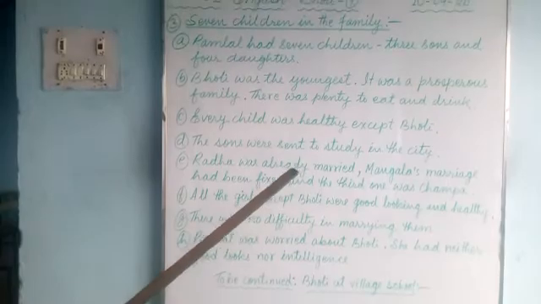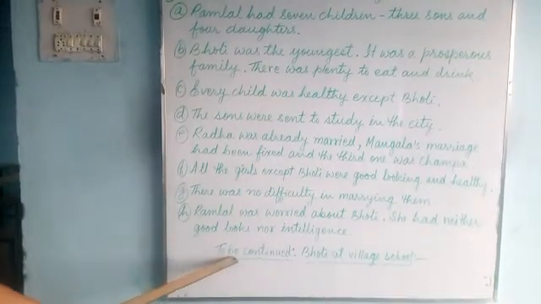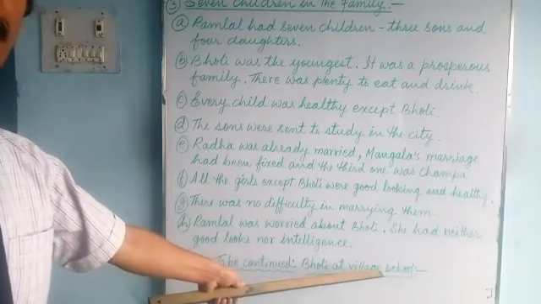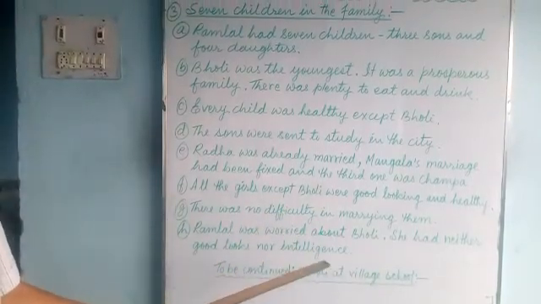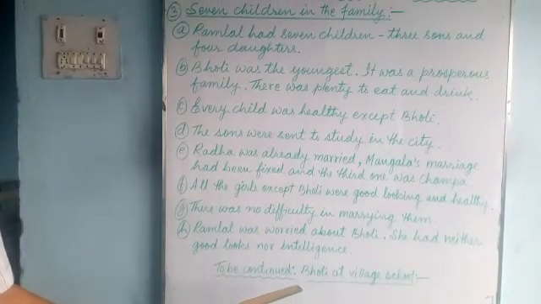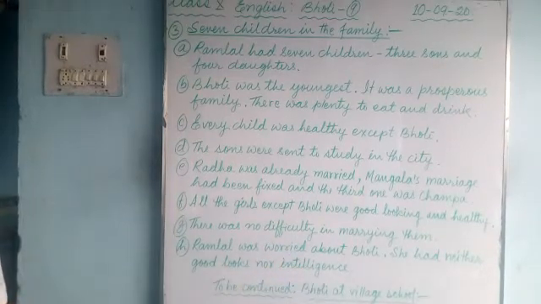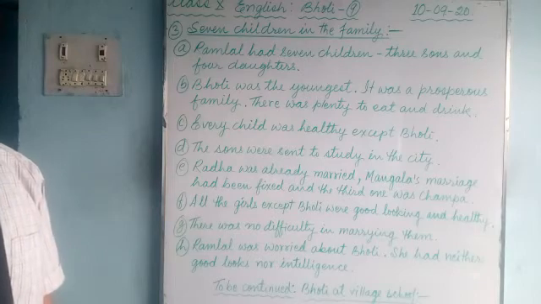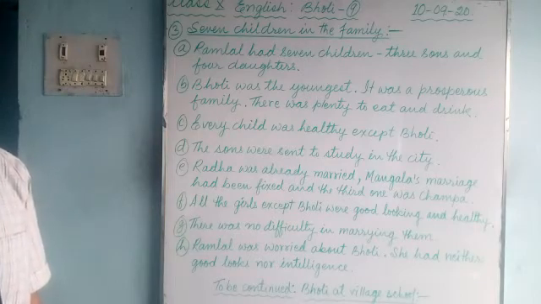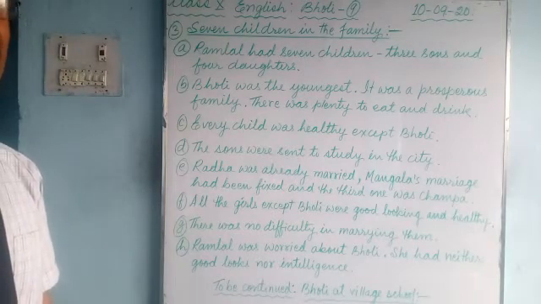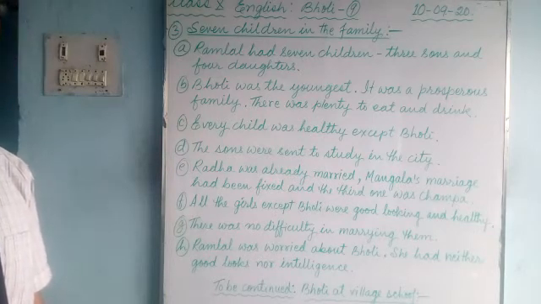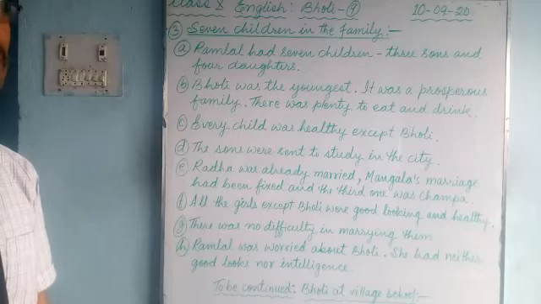In our next class, to be continued, Bholi at the village school. Now she will go to the school. As we have already learned in our previous class, Bholi was discriminated in the house. The family never cared for her, never took any interest because of her poke marks, because of her stammering and lack of intelligence.